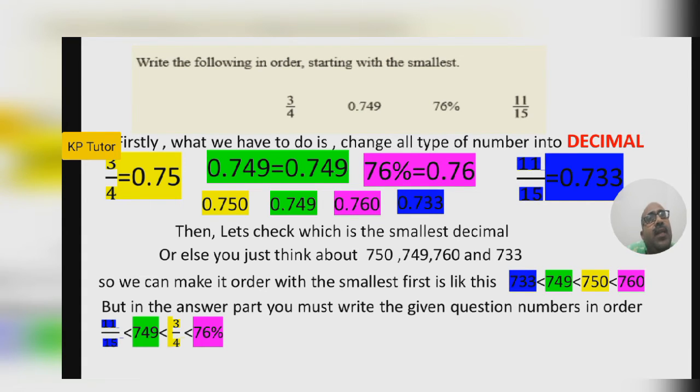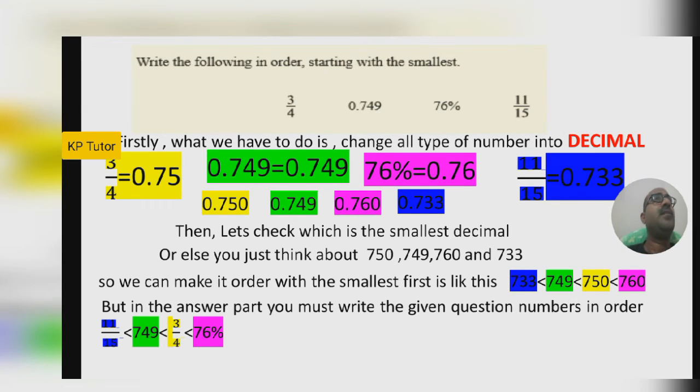The next is 0.75, that means 3 by 4. The last is 76%. This is actually a very easy question when we check the past paper, but sometimes students may make mistakes.